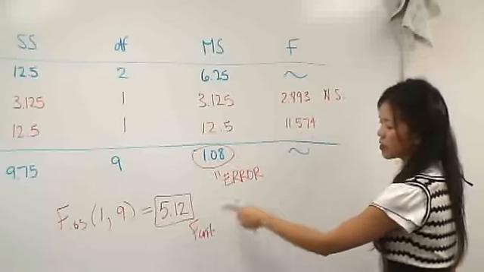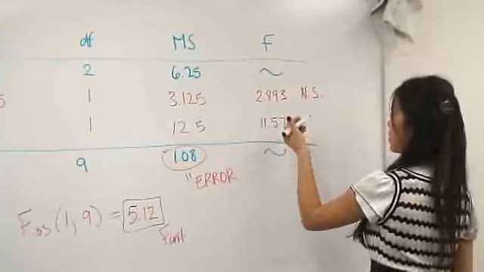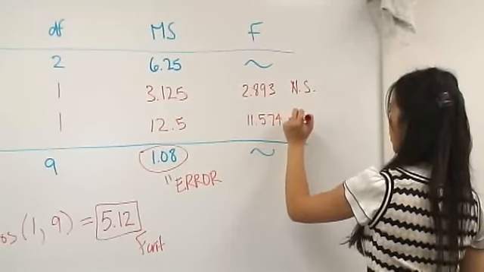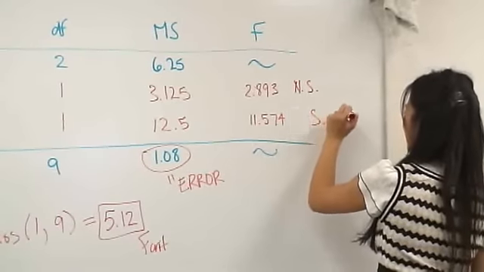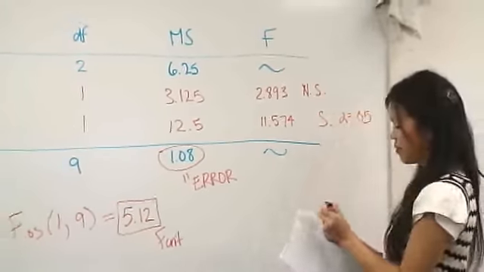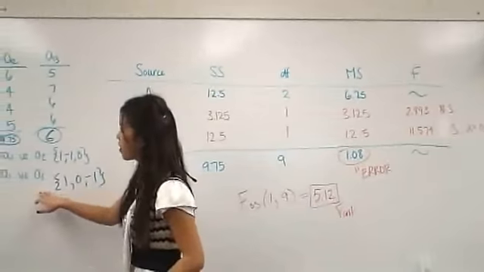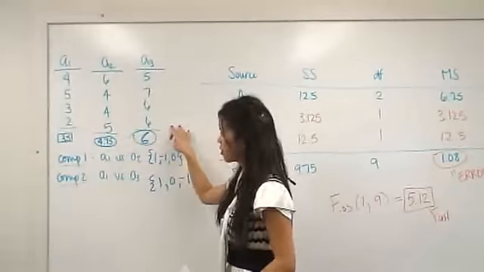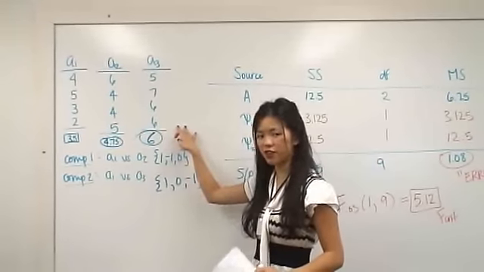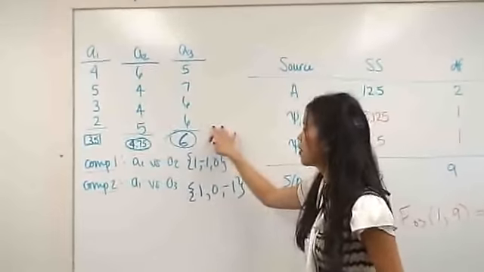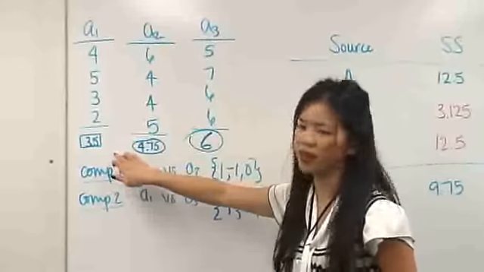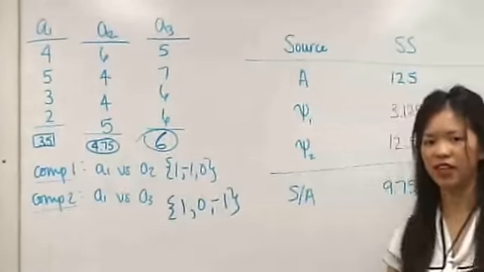However, 12.5 is larger than 5.12, so this one is going to be significant at the 0.05 value. That means, since our comparison 2 was A1 versus A3, that our A1 and A3 groups significantly differ at the 0.05 value, but our A1 and A2 groups do not significantly differ. Okay.